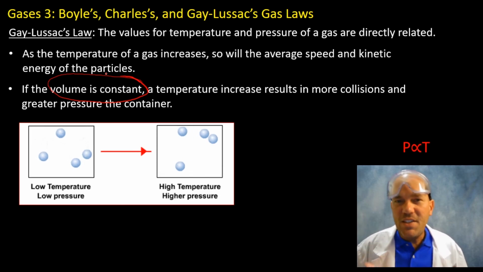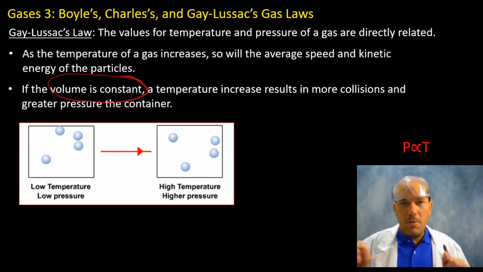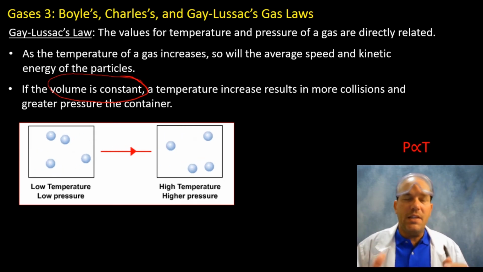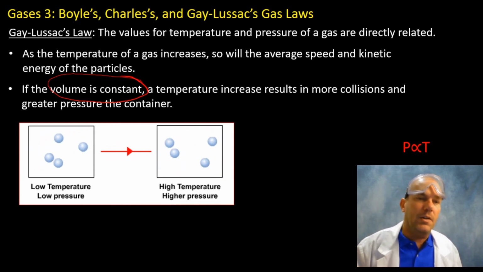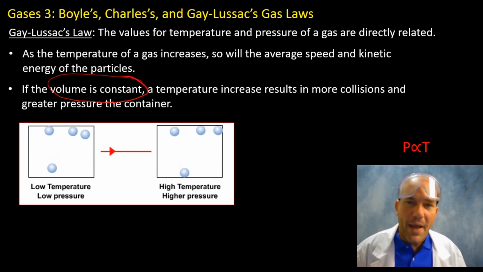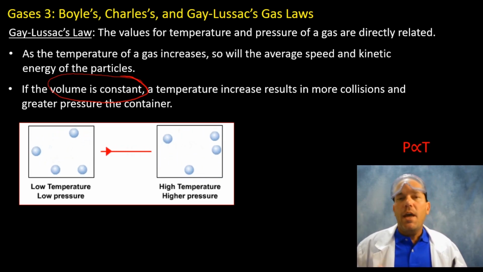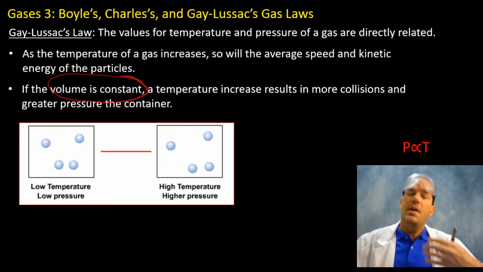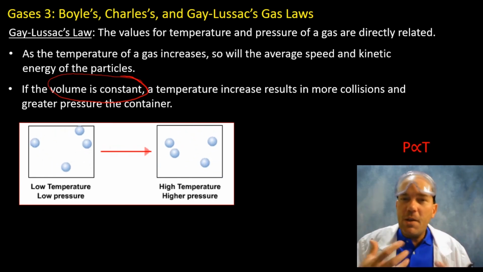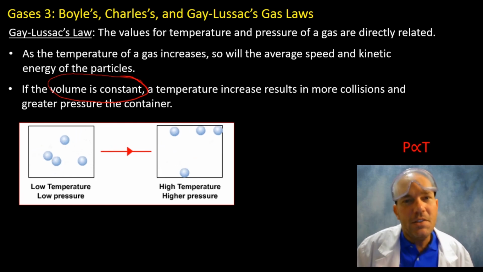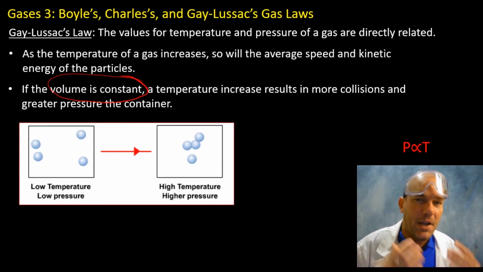Going back to the PHET simulation, remember I was able to hold certain properties and variables constant and then manipulate other ones. Well, in this one here, if you were to heat up the sample to a higher temperature, you would have more kinetic energy and thus more collisions with the container, resulting in a higher pressure.